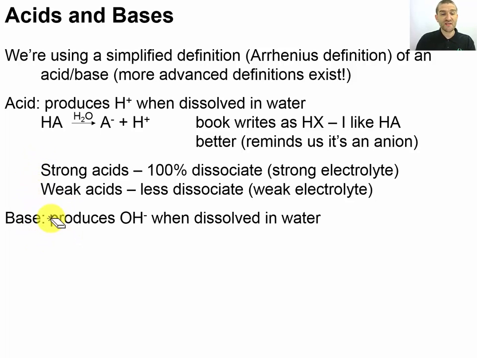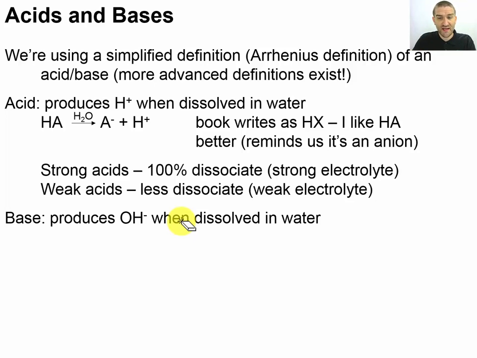And absolutely. In this case, a base is going to produce OH minus when it's dissolved in water. Now, if you've watched your solubility videos, you also know that there's a whole lot of cases where the hydroxide ion ends up being a solid. So you really have to pay attention to which ones you're dealing with when you're deciding whether it's a base or whether it's a solid that precipitated, because those are going to matter a lot.